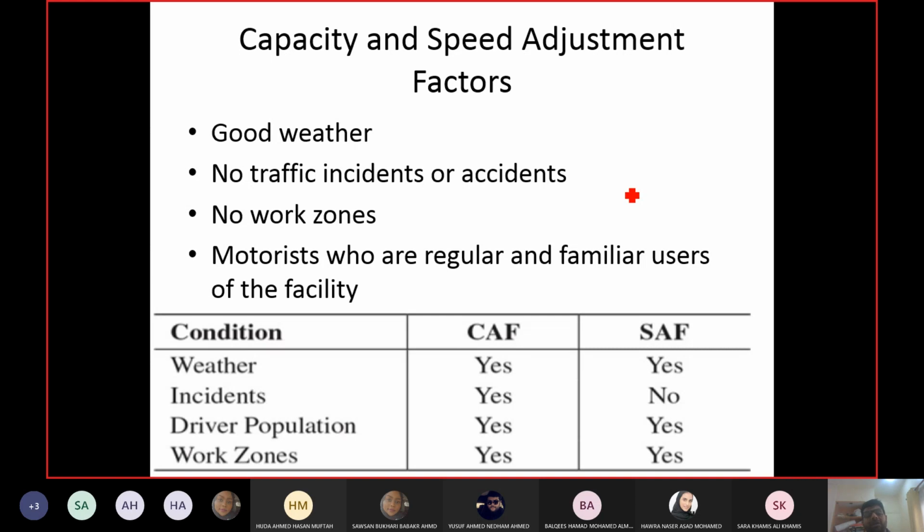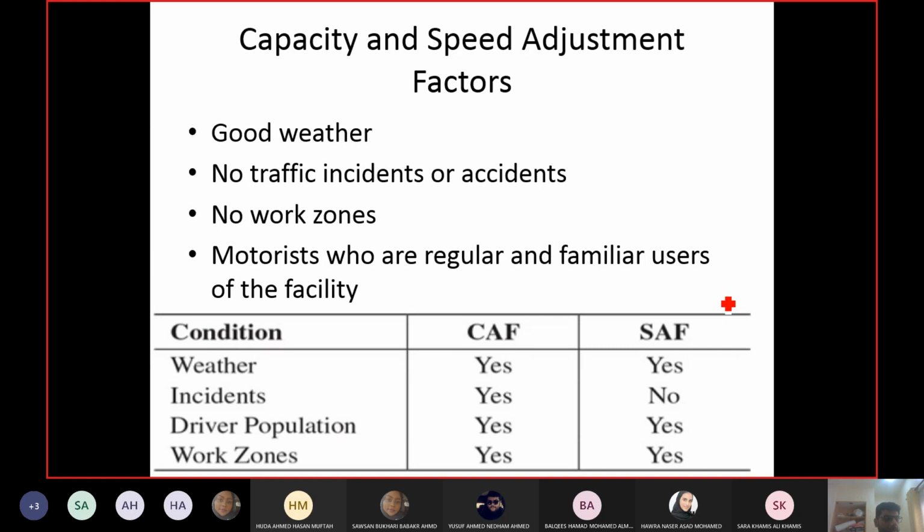So these are 4 base or ideal conditions. Whenever you meet any of those conditions, the adjustment factor for that condition will be taken out. It will not be required. So if you meet 3 of them, then you need only the remaining factor.